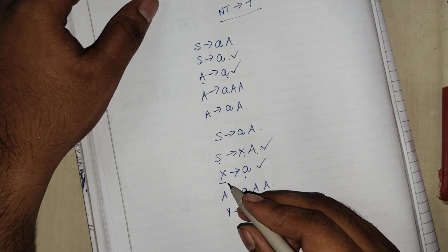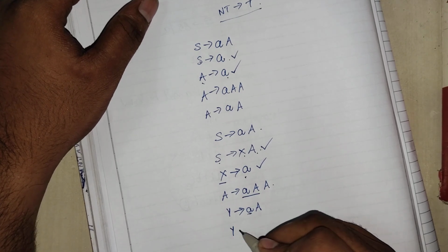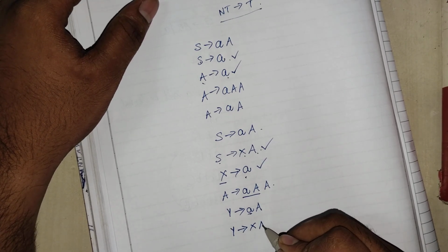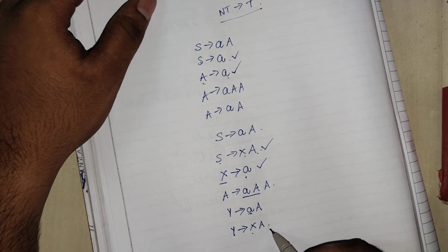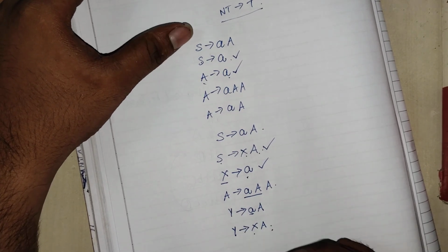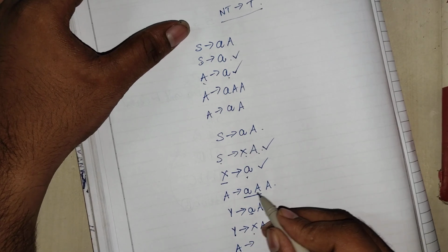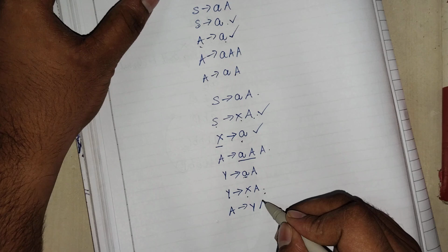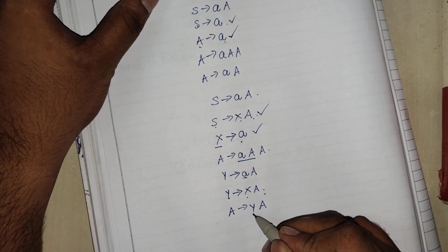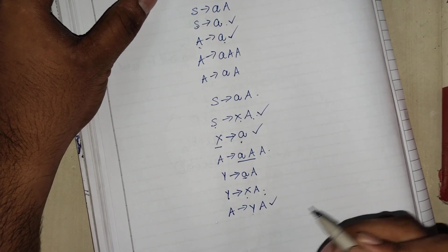Let's replace this a with X, we have already defined, right? So Y tends to X a. Non-terminal tends to non-terminal, it's in the Chomsky normal form. And this A tends to, we have replaced with Y, right? Y and A. So non-terminal tends to non-terminal and non-terminal. It's in the Chomsky normal form.